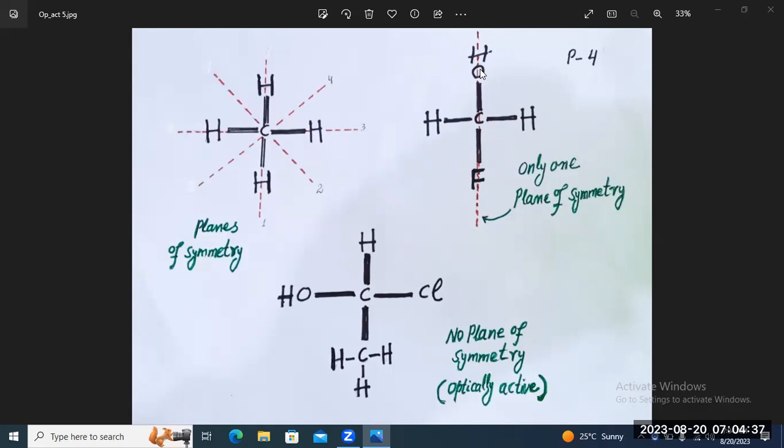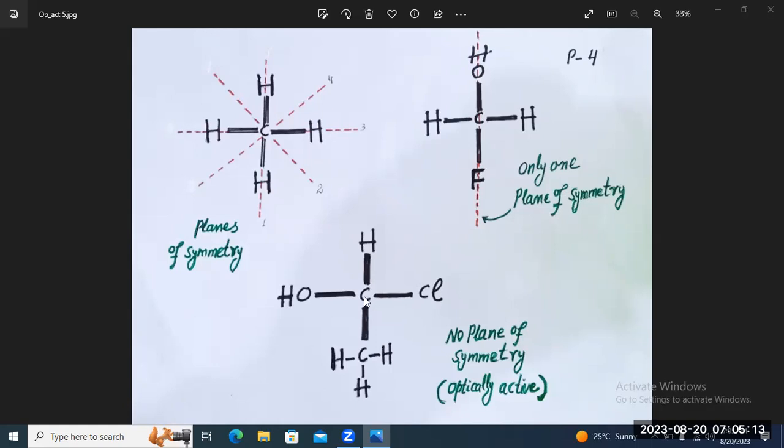And after bisecting this molecule, you would see the two mirror images which are superimposable to each other. They would be equal, with mirror images to each other. So the molecule is having a plane of symmetry. Hence, the molecule is optically inactive.